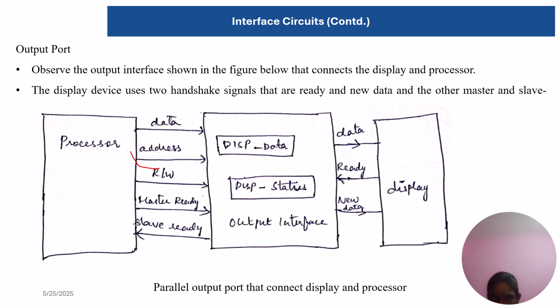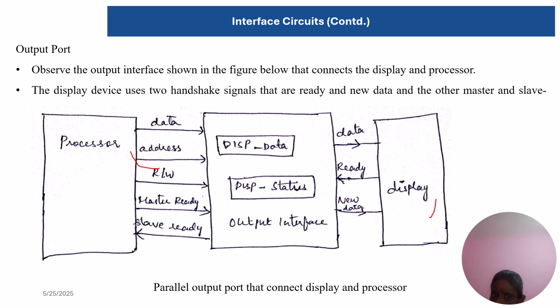So whatever data is sent has to go to the display data register, and the display data register will show that data is available as 1, and that it has already gone to the display as 0. So data is going to the display unit, and a ready signal is sent to this interface asking for the next character to take in, and new data.